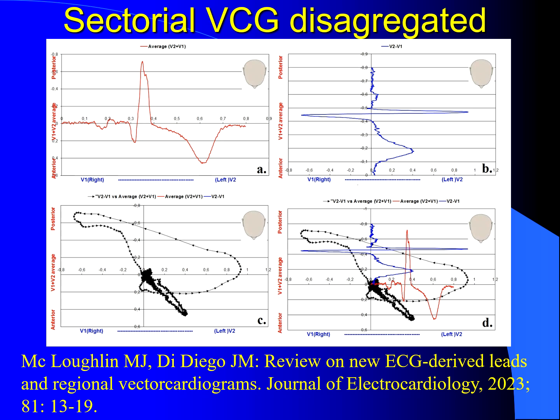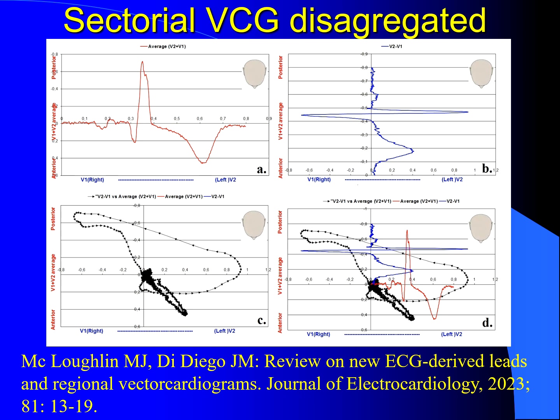The x-axis shows the time and the z-axis shows the electrical amplitude. In panel B, we can see in blue the PBL B1-B2. In this case, the x-axis shows the electrical amplitude and the z-axis shows the time.